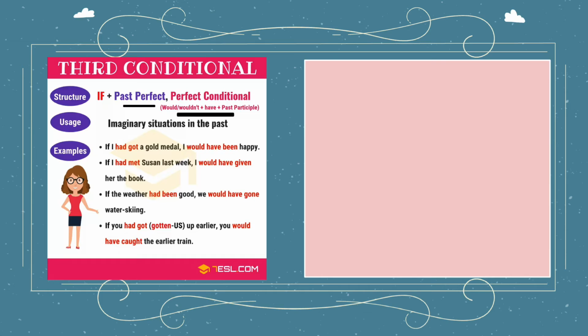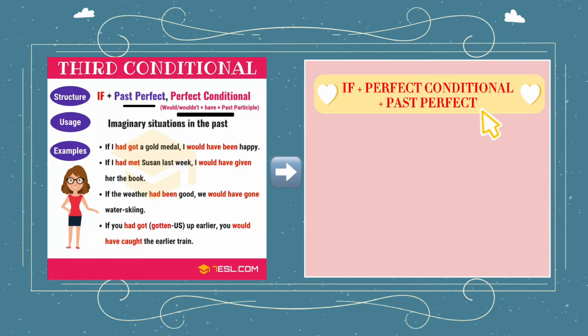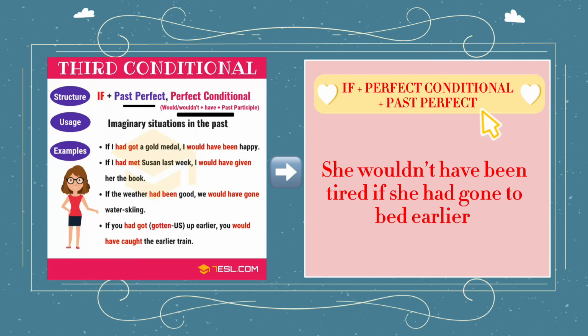Other than that, in this third conditional, the structure of the sentence can be "if" plus perfect conditional with past perfect, which is the perfect conditional in the first sentence while the past perfect in the second sentence. Example: she wouldn't have been tired if she had gone to bed earlier.